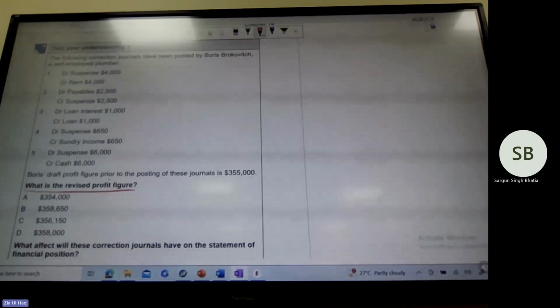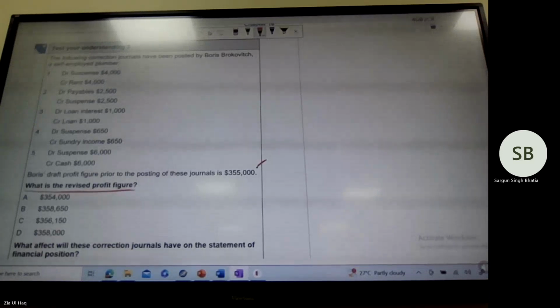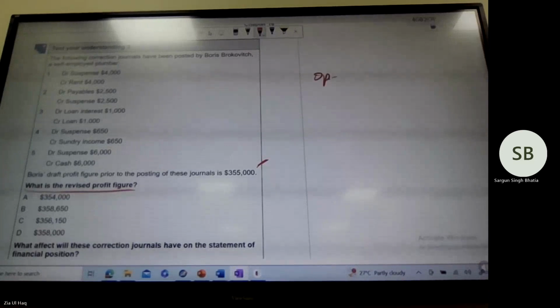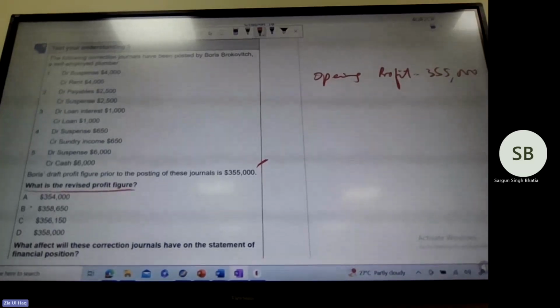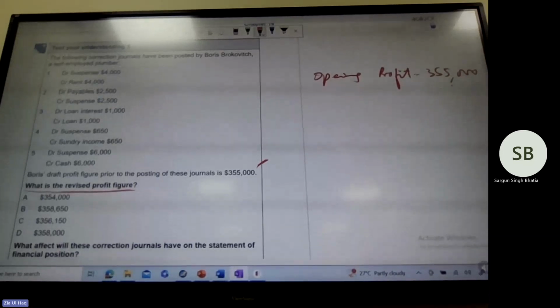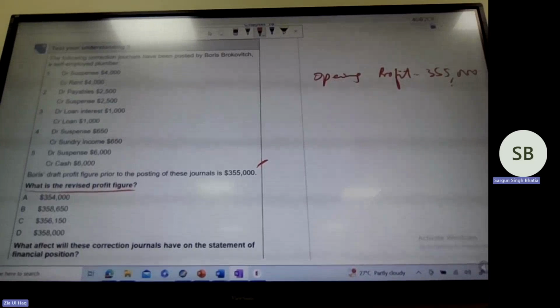Boris' draft profit figure prior to the posting of these journals is 355,000. This is the opening profit. Now from these entries, we need to identify income and expenses; income should be added and expenses should be deducted to arrive at the corrected profit.